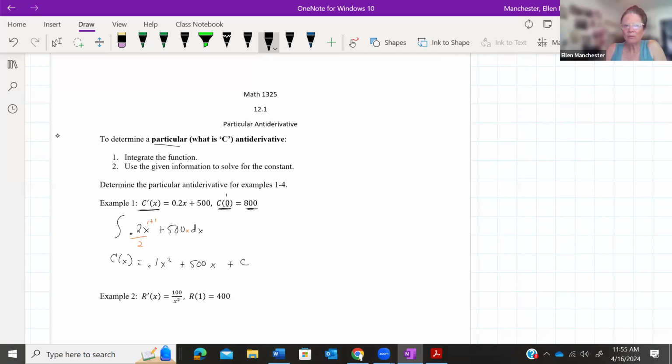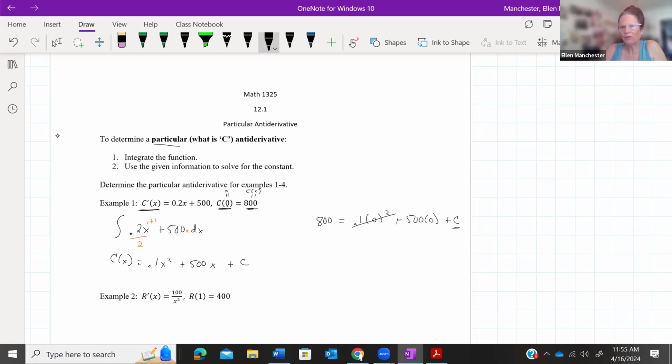That's our job. So now we need to know what both the 0 and 800 represent. The 0 represents the x. The 800 represents the actual cost. Okay, so we're just going to replace. So we have c of x is 800. Our x is 0. And we are looking for c. C is now our variable, what we're looking for. Well, this makes it easy.